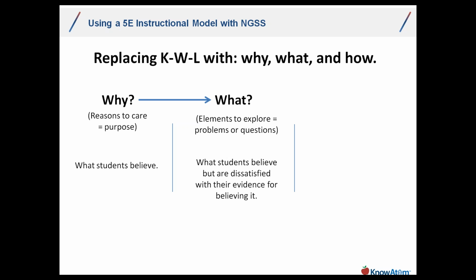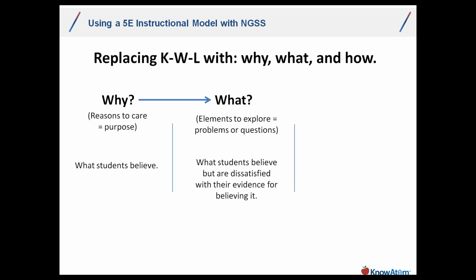Okay, and this is where we get students really dissatisfied. What we're going to do here is take the reasons that we care and the purpose that we see in caring about something like flooding in New York City, and we are going to start to become dissatisfied with what we know.